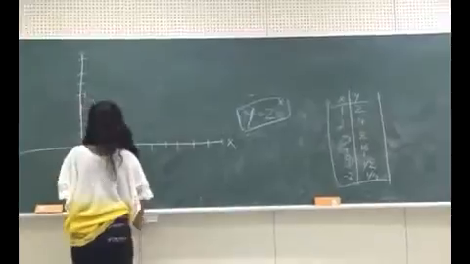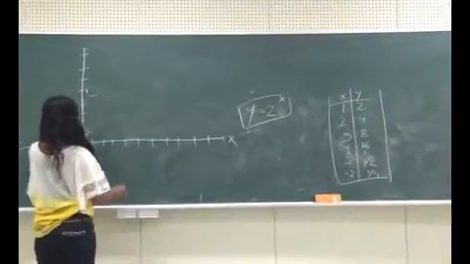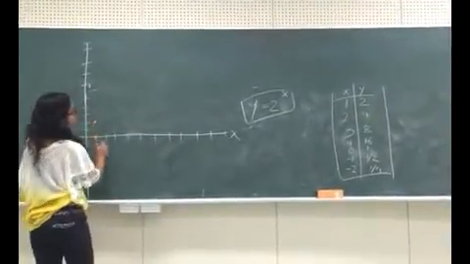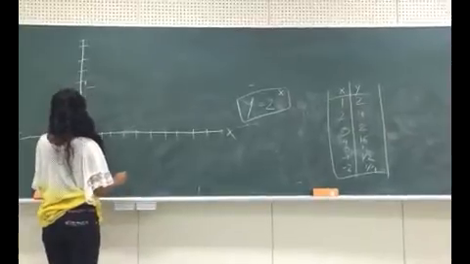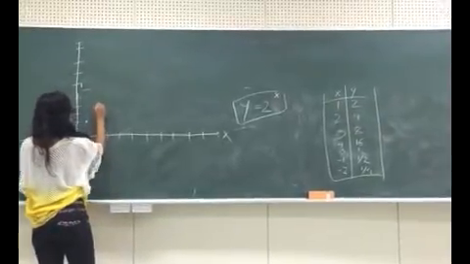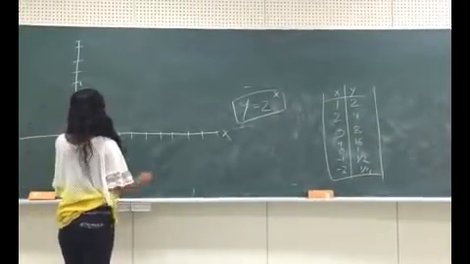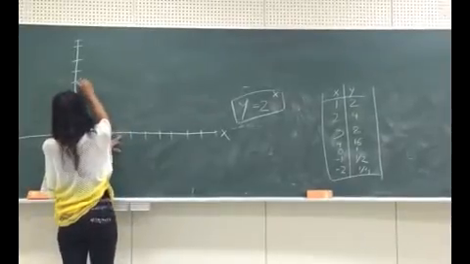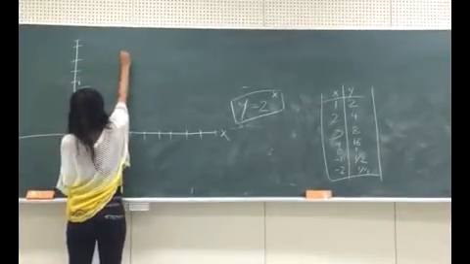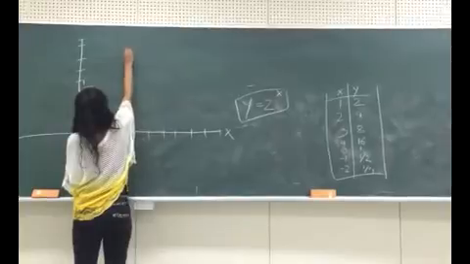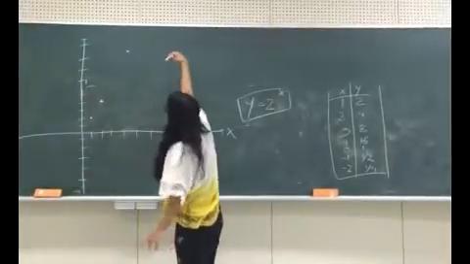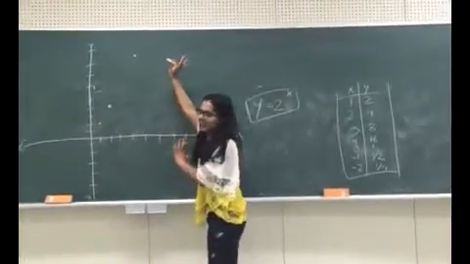So 1 takes 2, 2 takes 4, and 3 takes 8. So let's assume that 16 is above somewhere in the line.